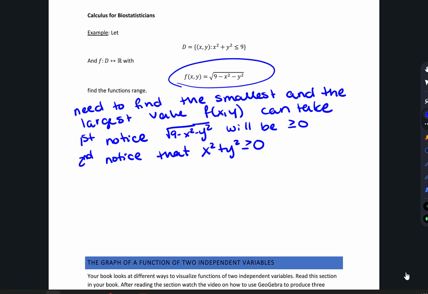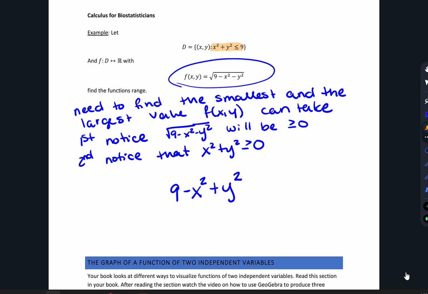So, notice the quantity we have inside of the square root is 9 minus (x squared plus y squared). So, x squared plus y squared is always going to be greater than or equal to 0. But also notice from up top that because of our domain, x squared plus y squared must always be less than or equal to 9.